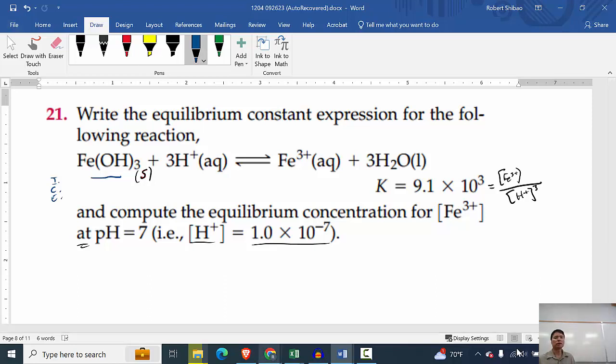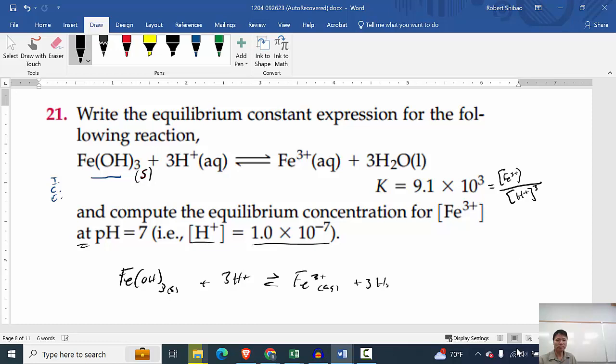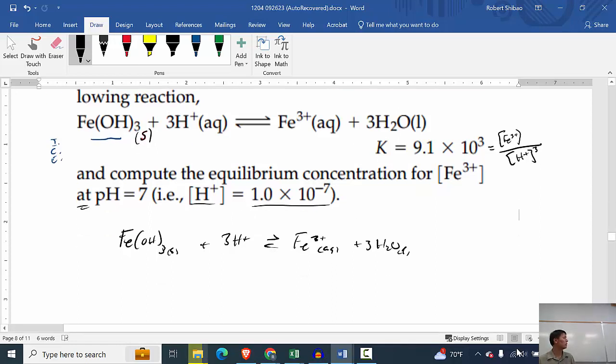Maybe I'll just write it down here. We'll just rewrite this. We have our iron 3 hydroxide solid plus 3H plus. This is a metathesis reaction. Essentially, the net ionic equation for metathesis.